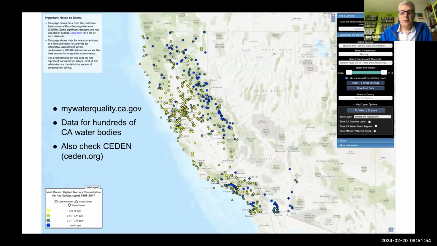So hundreds of lakes, close to 100 river locations, and about 70 coastal locations have been monitored. Each of these symbols is a monitoring location.